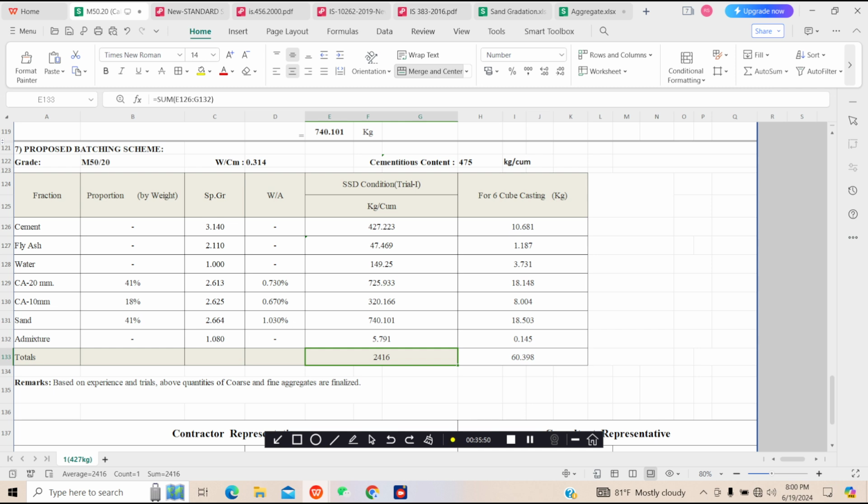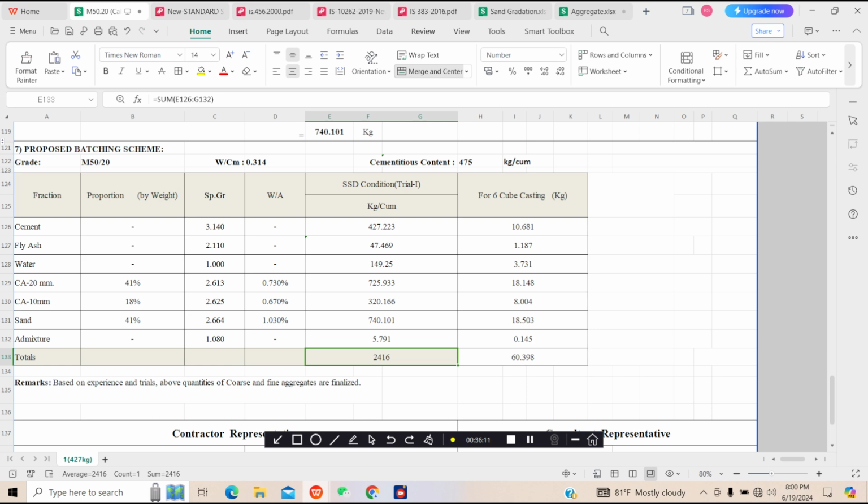So if we add the density of each and every constituent, it should come above 2400.